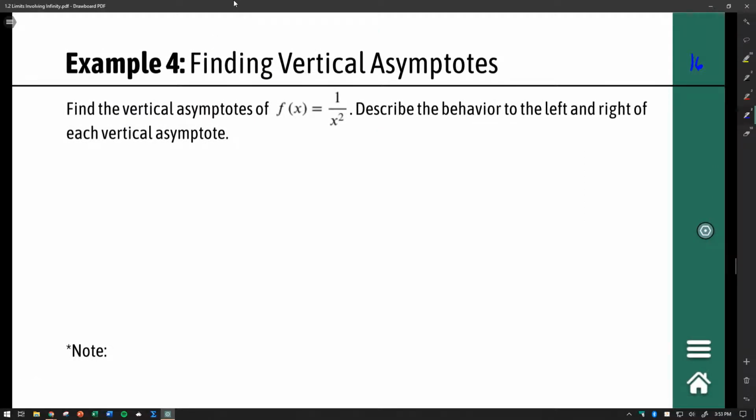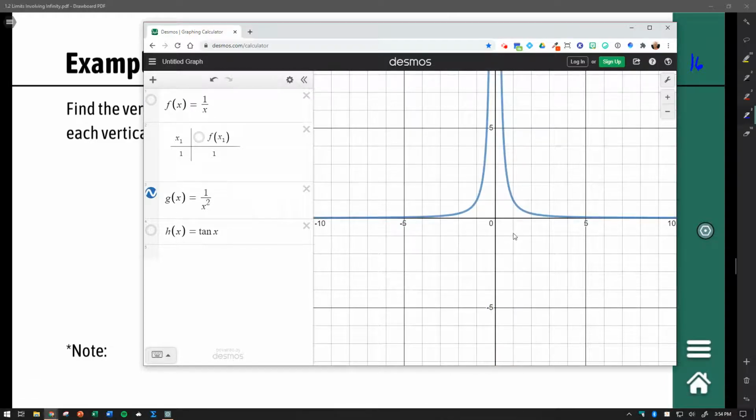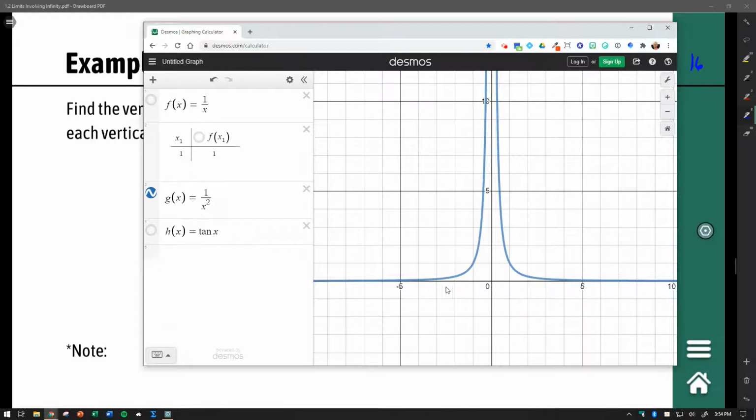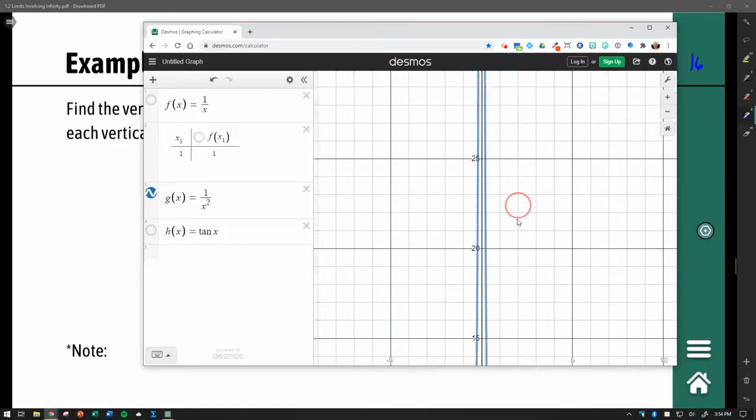Okay, so let's find some more vertical asymptotes. Let's find them for the function y equals 1 over x squared, and then describe the behavior to the left and right of each vertical asymptote. So let's take a look at the graph of 1 over x squared. It's similar to 1 over x, except from the left, it looks like this function is also approaching positive infinity on the y-axis.